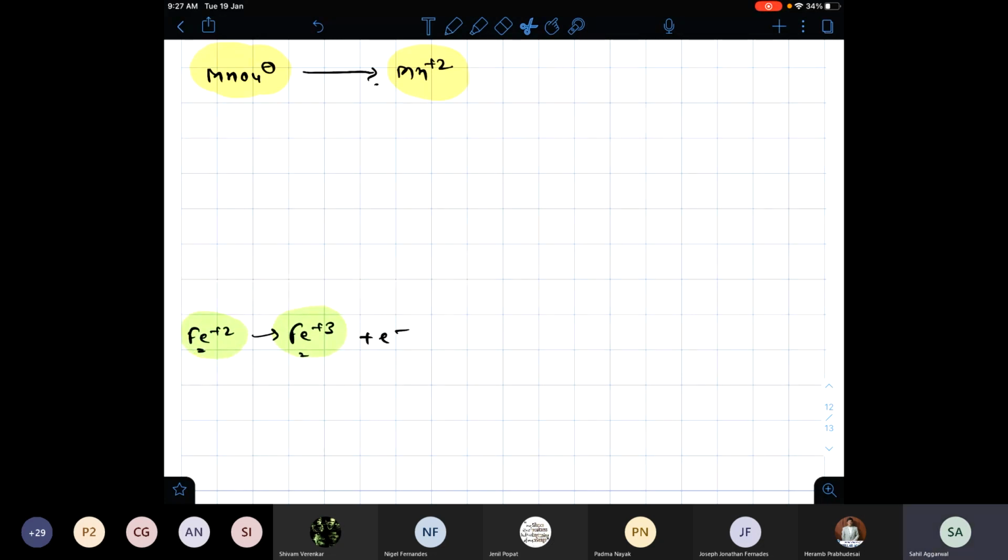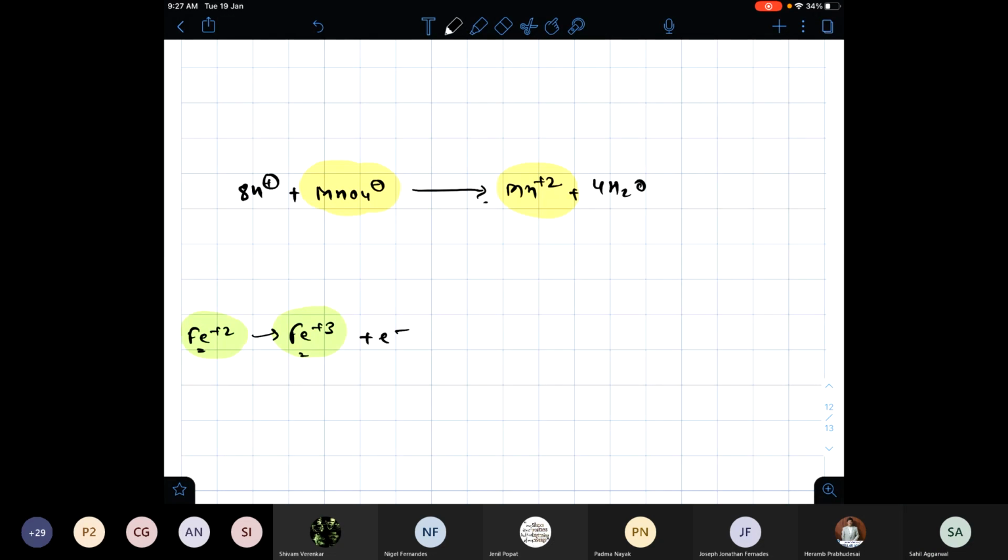And this thing we have already done. I already gave you all these things. This balancing we have already done. Now we have to add these two equations.